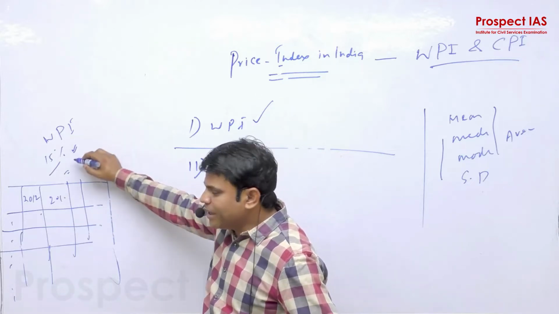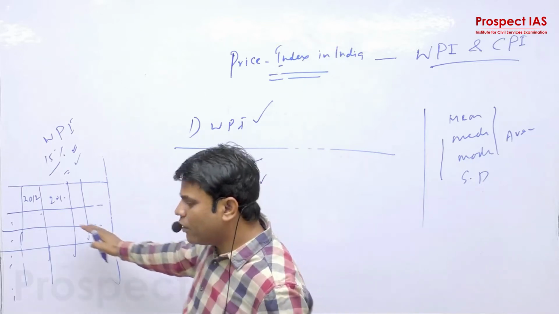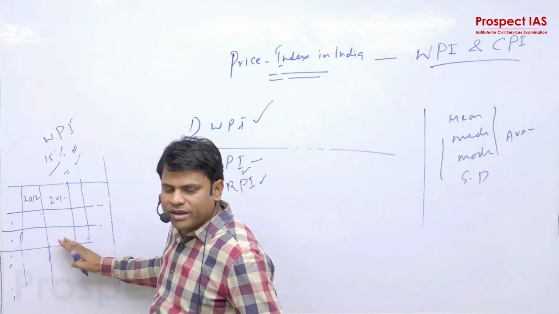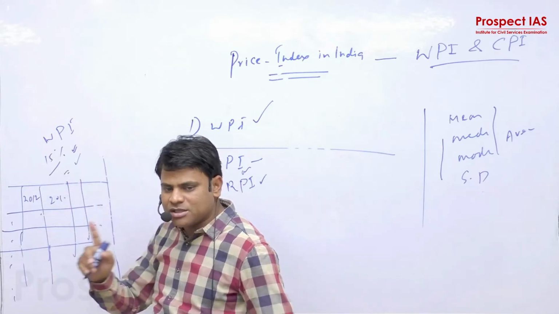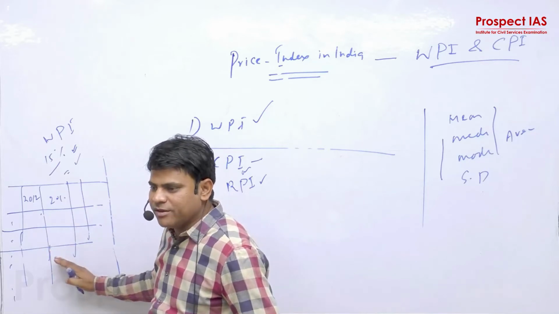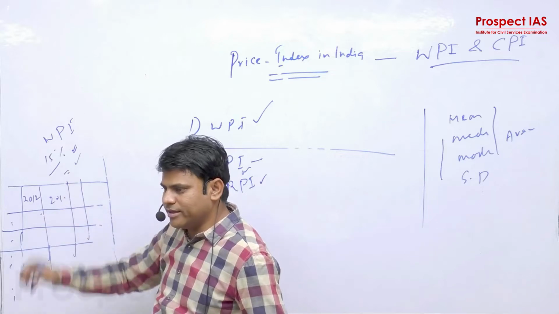So if WPI based inflation is 15%, that means on an average prices of all these articles that are traded in wholesale market has increased by 15% over the last 1 year. So things have become more expensive by 15%.